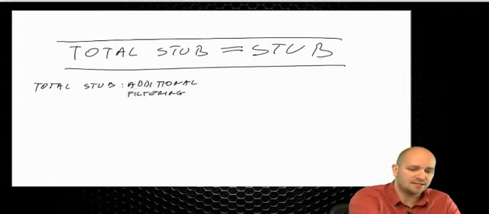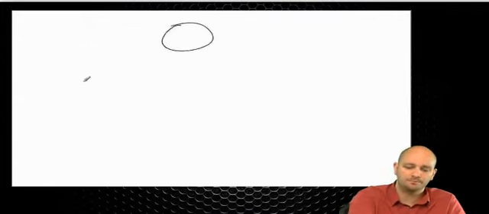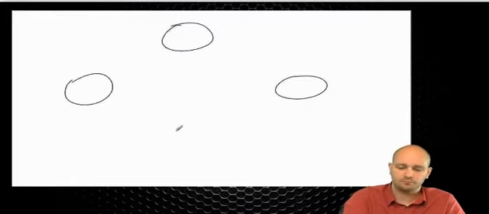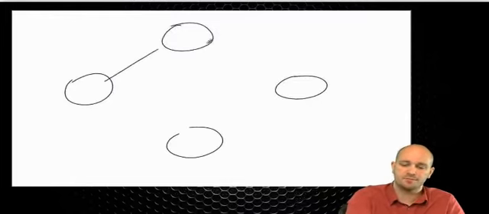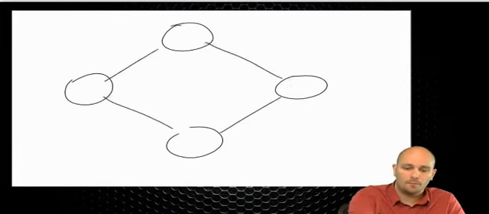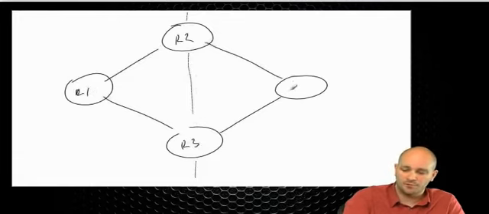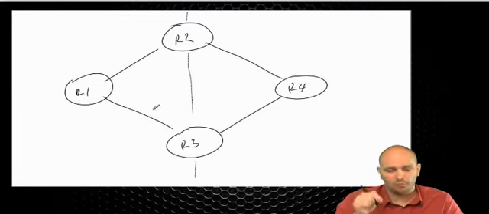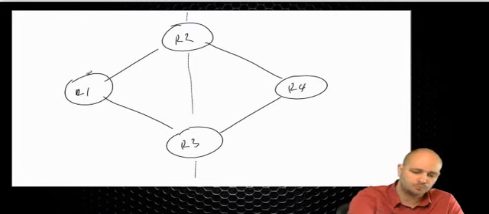To illustrate this, I'm going to use a network that by now may look a little familiar. So I'm going to have 4 routers interconnected like this. Now, these are my ABRs. So this is going to be R1, R2, R3, and R4. Now I'm going to have 2 loopbacks on R1.